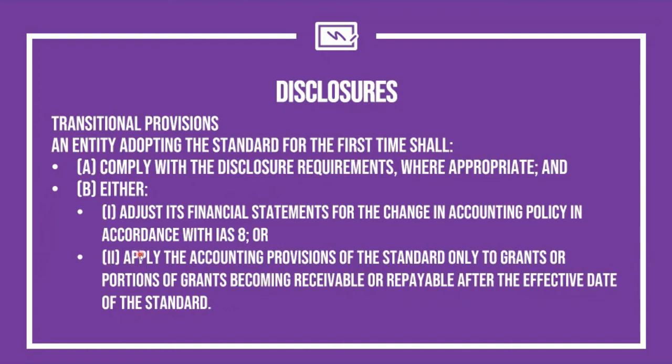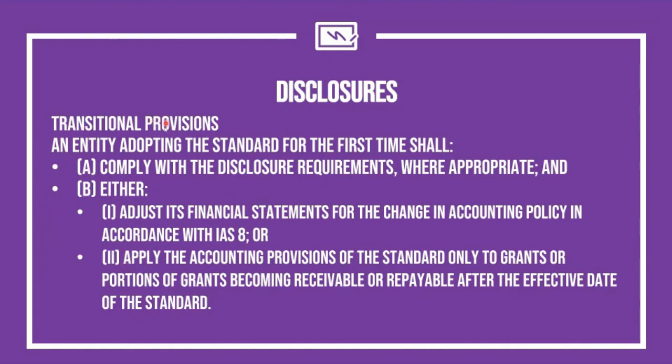So most probably it is very remote for you to use item number 1, which is to adjust the financial statements, because generally, if it is going to be pertaining to transactions that happened now or that will happen in the future, there will be no more change in accounting policies because the policy has been in existence already since way before the current period. So generally, you're going to do number two.